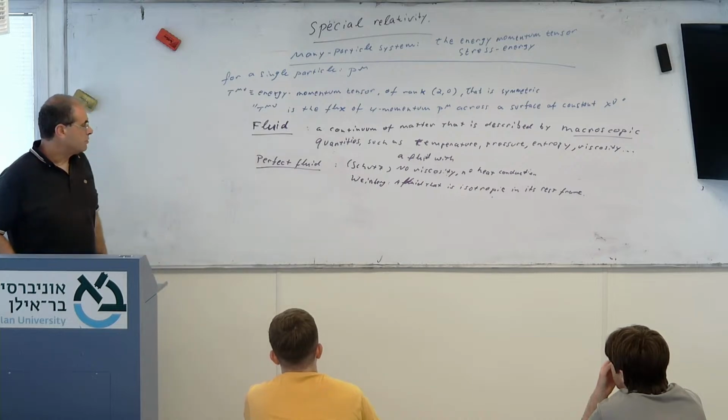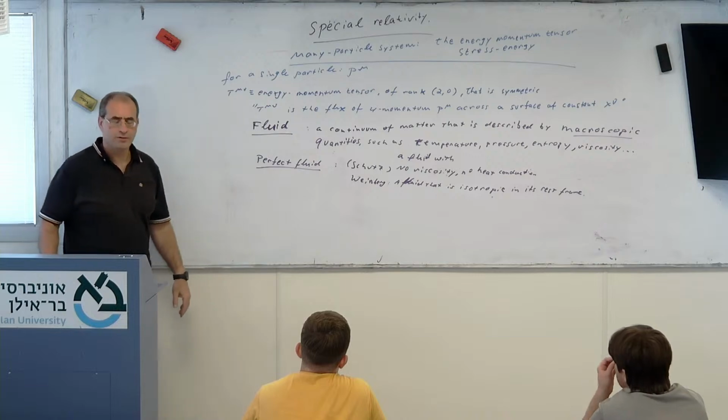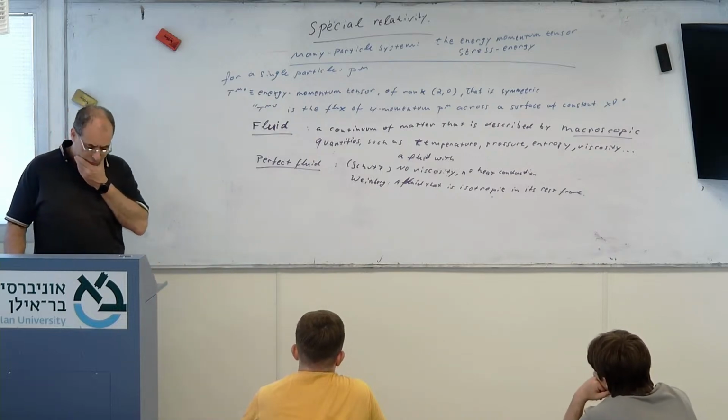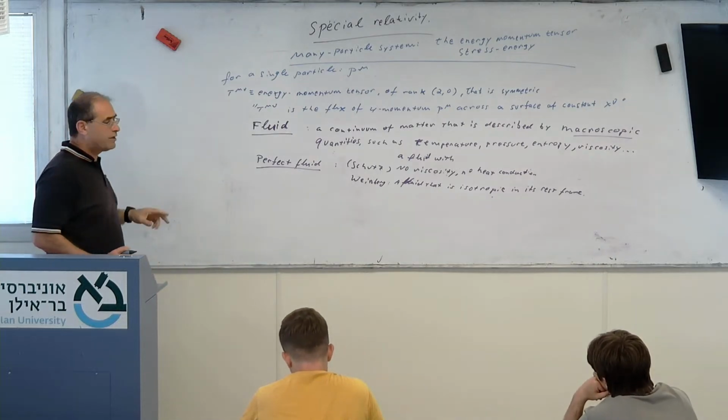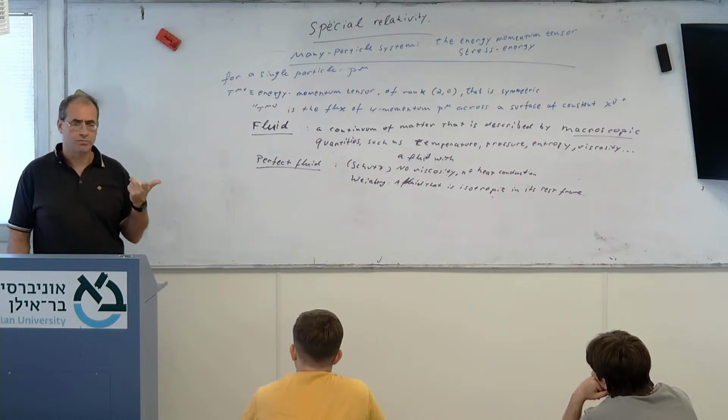Okay. So for us, what I'm going to derive now, for us this is enough to say that the perfect fluid is fully characterized by only two quantities, which are density and pressure.